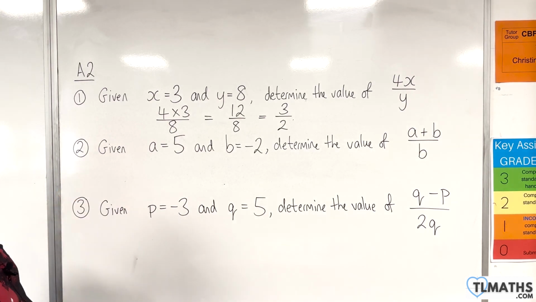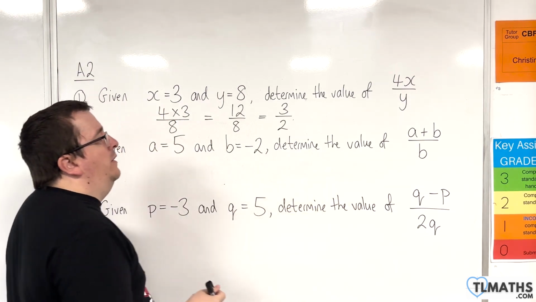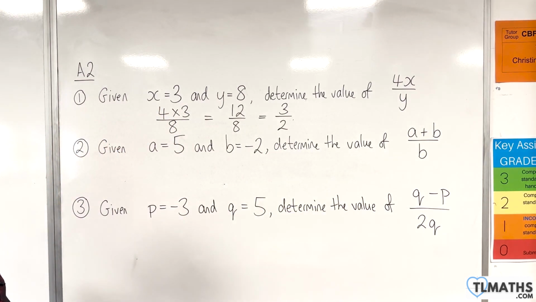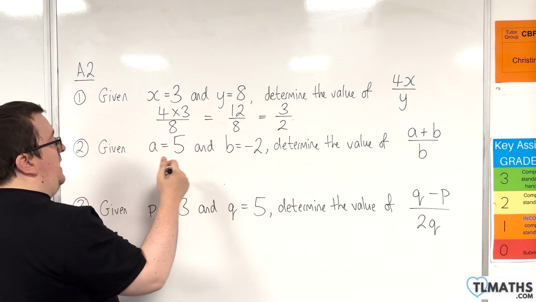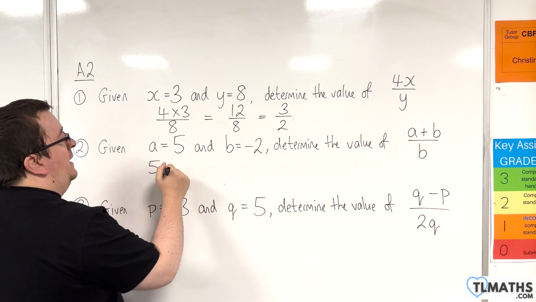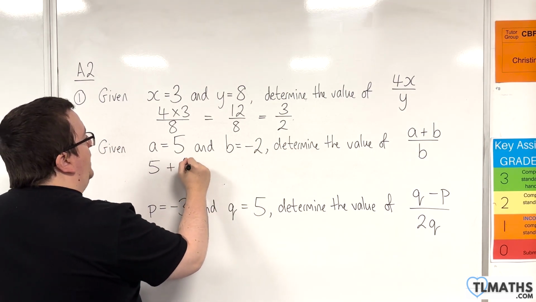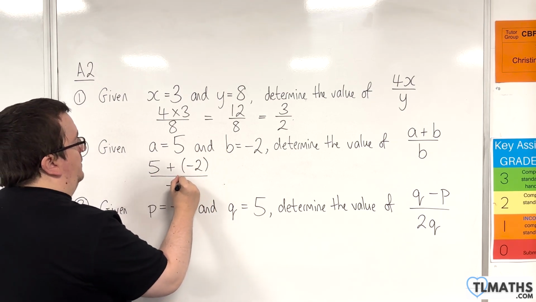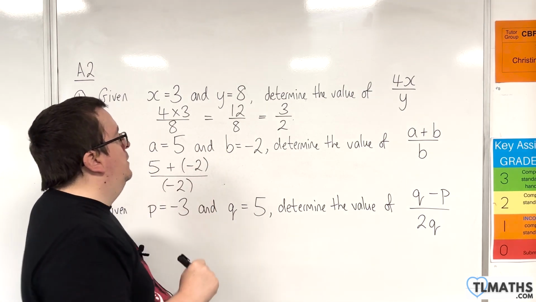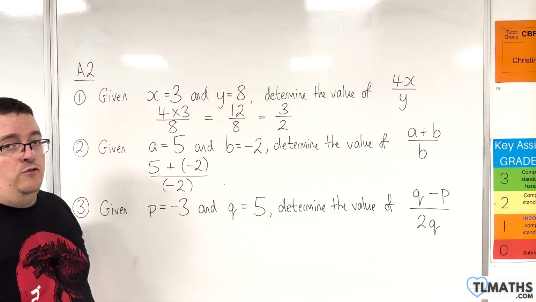Question number 2, given a is 5 and b is minus 2, determine the value of a plus b over b. So, substituting in the a, which is 5, and the b, which is minus 2. Now, I'm going to include a bracket here, and bracket here, although the brackets here are not as necessary.